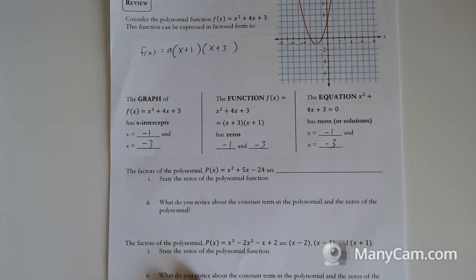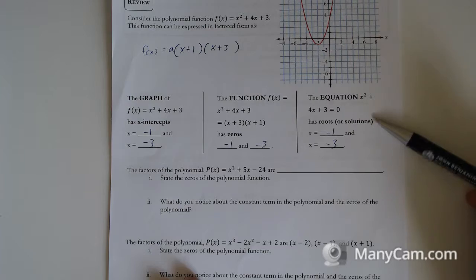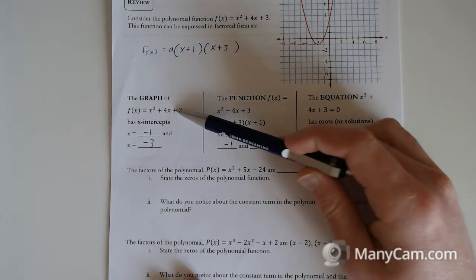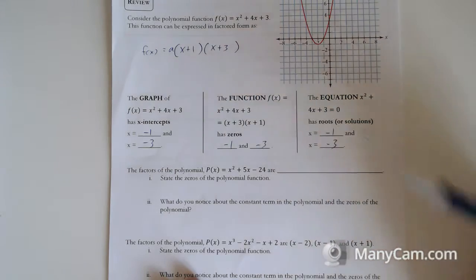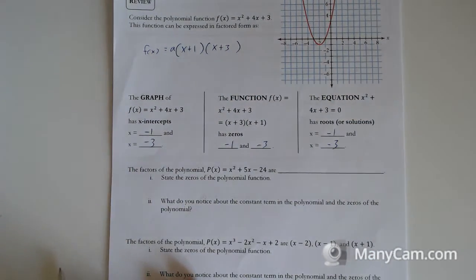So just reminding you that we have 3 different ways of saying the exact same thing. Each one kind of is tied to its situation. So solutions is often for an equation, zeros is for factored form, and x-intercepts is for the graph. These two can be flip-flopped. But 3 different ways of saying the exact same thing.